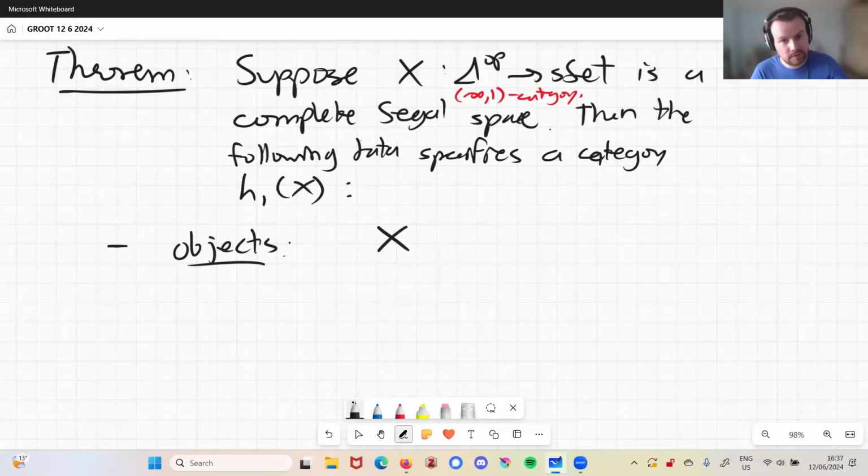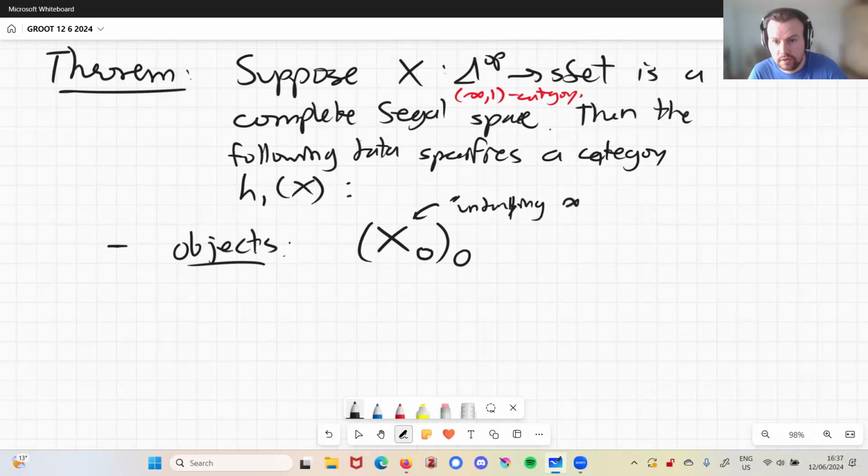We look at our infinity-one category at its underlying infinity groupoid, and then at the set of objects. Easy enough. Or zero-simplices, maybe you can say, if you've got simplicial sets on the brain.